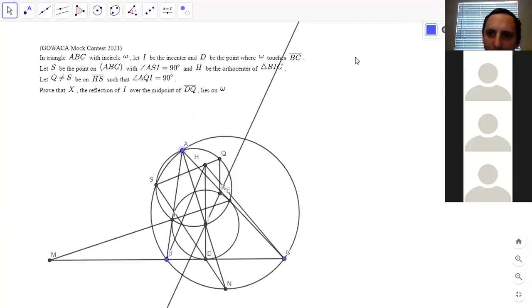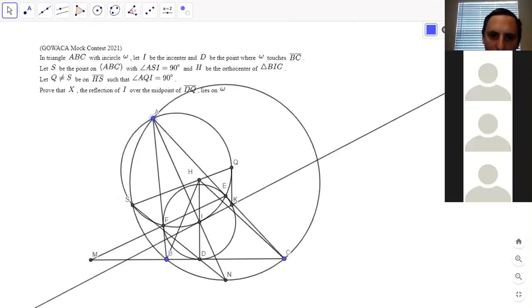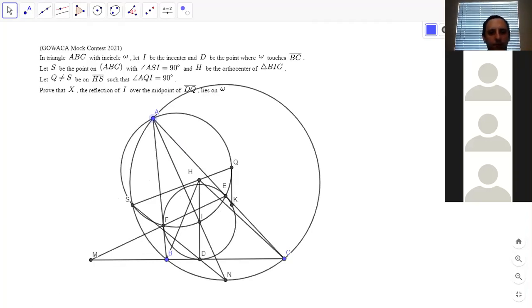Oh, if that were true, KQ would be tangent. Okay. A is the Feuerbach point. A is the what? Feuerbach point. Really? Of what? The triangle ABC. A is the Feuerbach point.